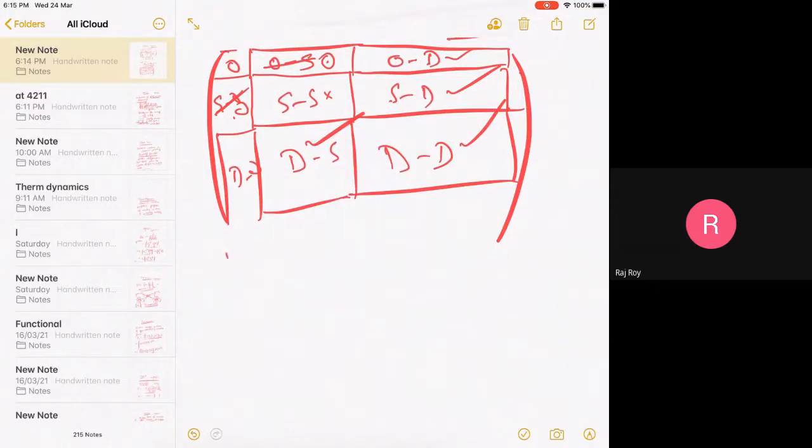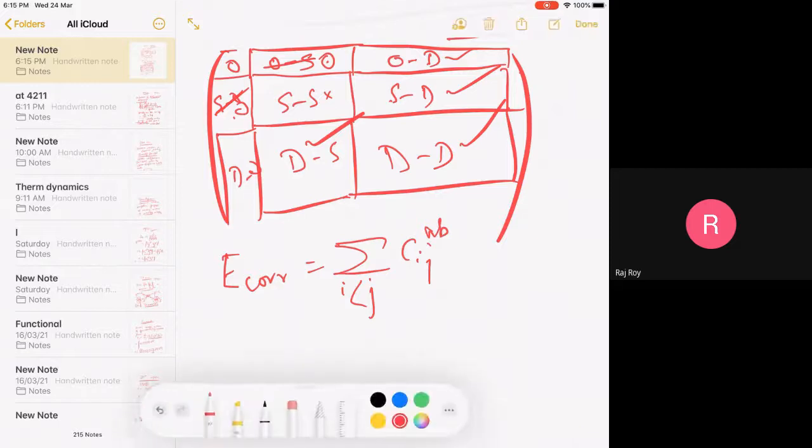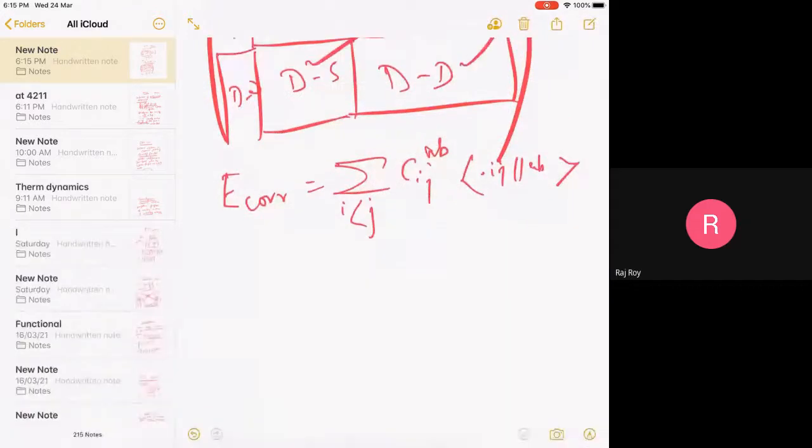I told you very clearly when I did CI that the correlation energy depends only on the doubles. If you remember, correlation energy is C, IJAB or ABPQ, whatever. And then there is a matrix element between Hartree-Fock and doubles, which is basically anti-symmetrized elements like this. So you can see that this is just Hartree-Fock with double excitation.